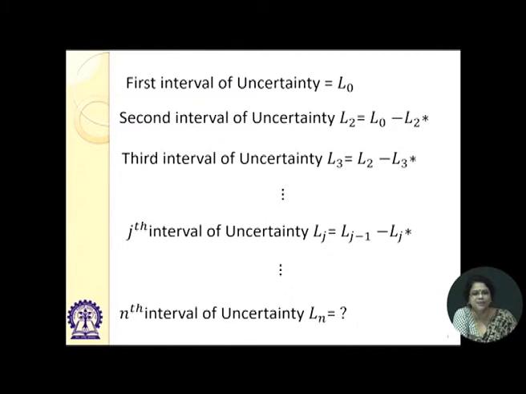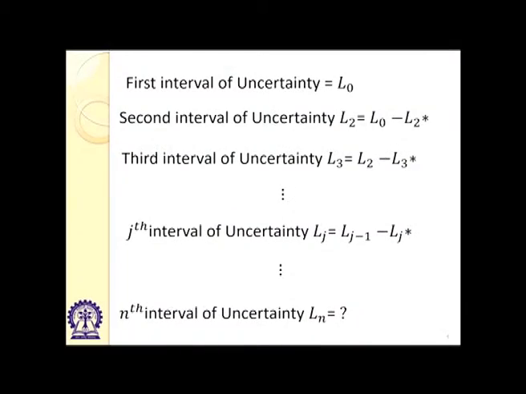Just see the pattern and you will get that the nth interval of uncertainty would be 1 by Fn, because we know F0 is equal to 1. That is the beauty of it. If I want to have 6 experiments, I know I have to do 6 experiments beforehand.